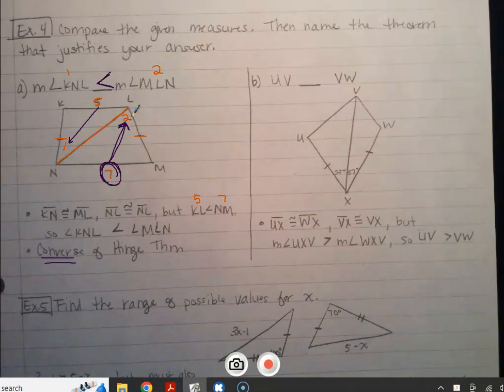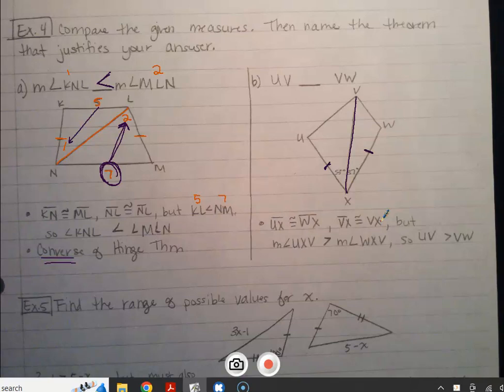All right. So if we look at B, we've got UV in comparison to VW. So again, we're looking at what we know. UX is congruent to WX. We know those are congruent. VX is congruent to VX, that's the reflexive property.